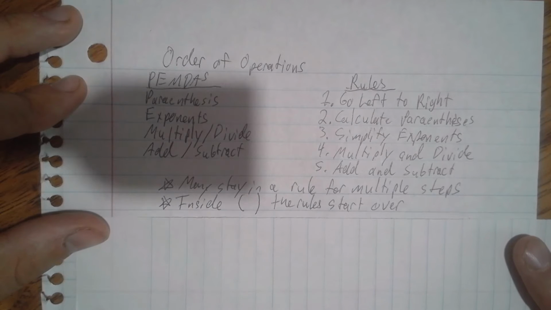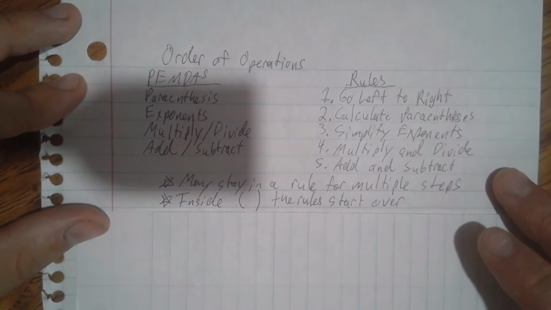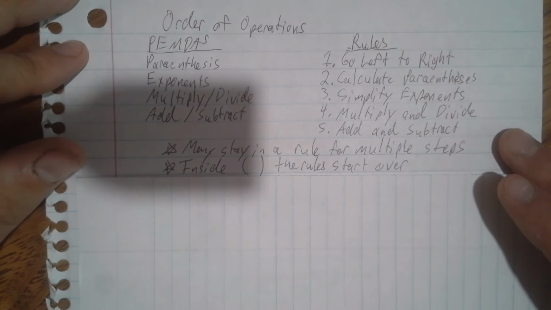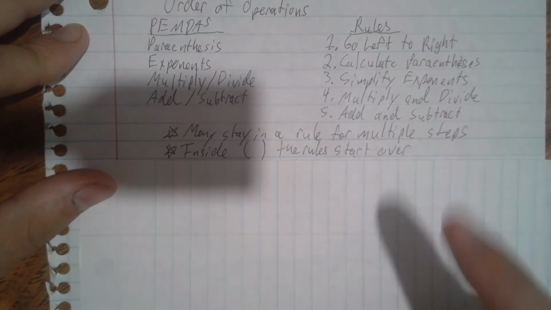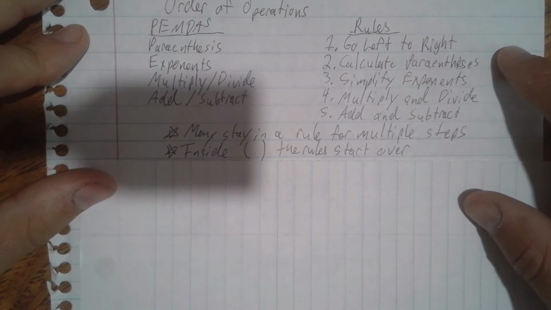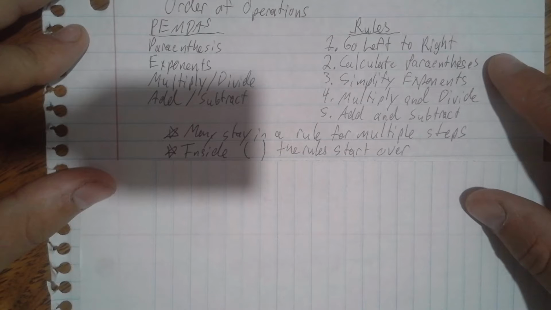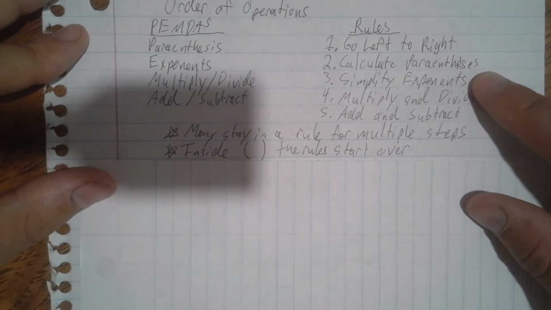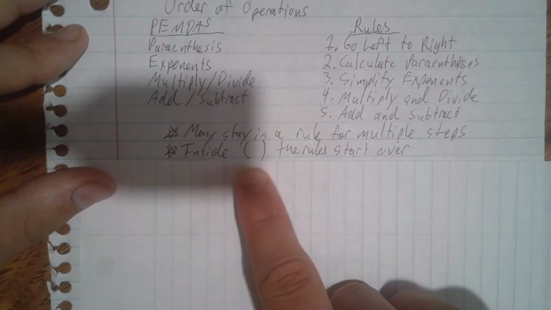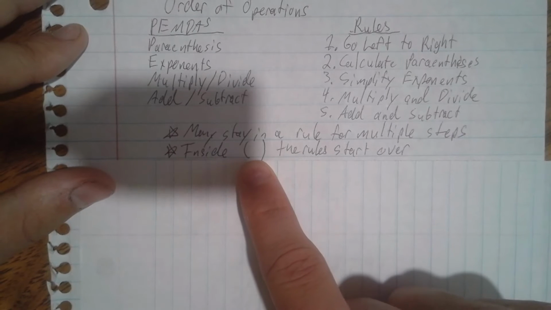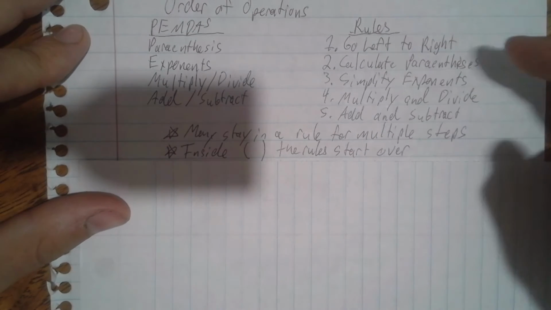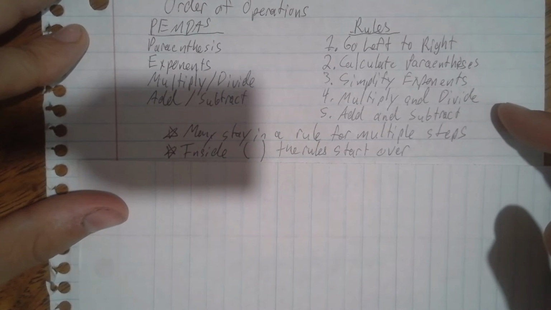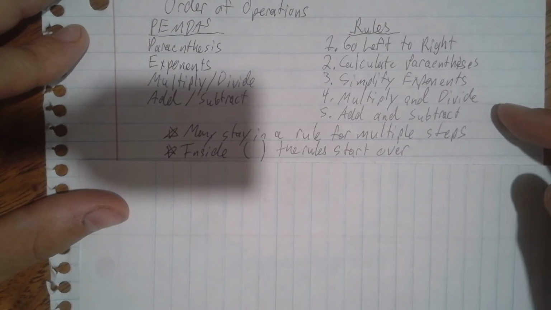And then inside the parentheses, our rules start over. So once we hit a parentheses, we're going to look back and go, okay, are there more parentheses? Are there exponents? And we're going to stay inside those parentheses until we're done, until we've done all the rules. If that doesn't make sense now, hopefully it will after we do that problem where we actually have to stay within it.